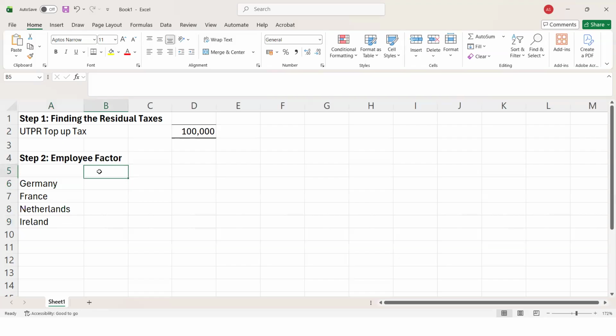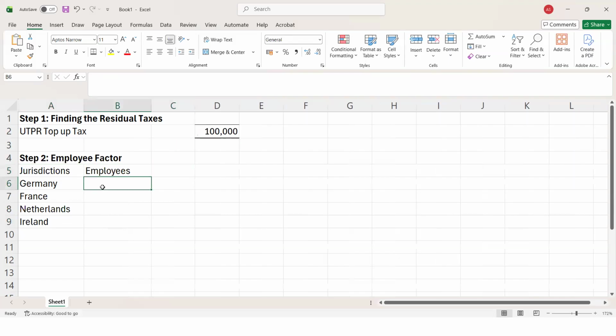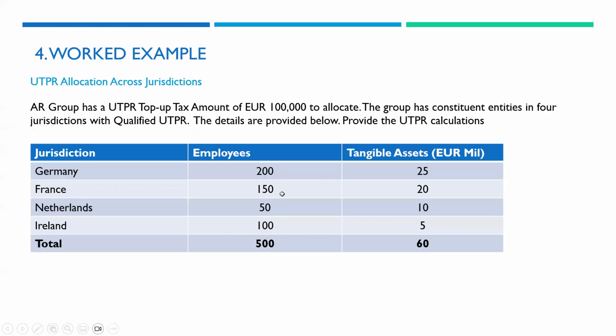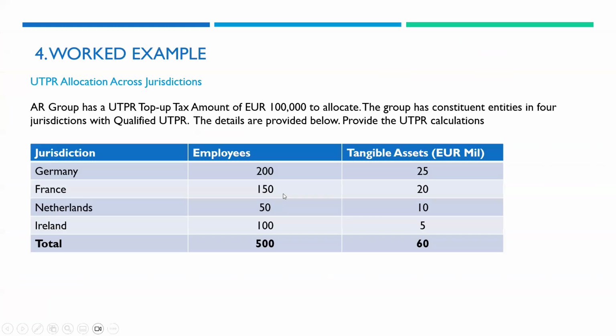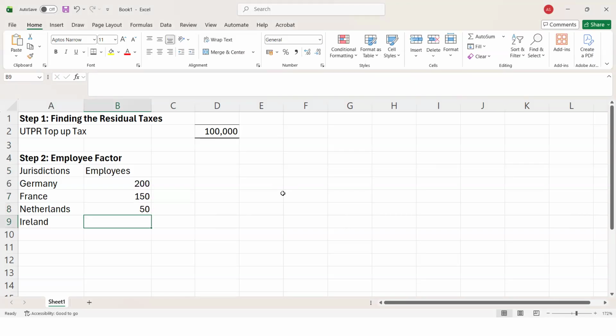So what are the number of employees? How many employees are there? 200, 150, 50, and 100, right? These many employees are there in these jurisdictions.